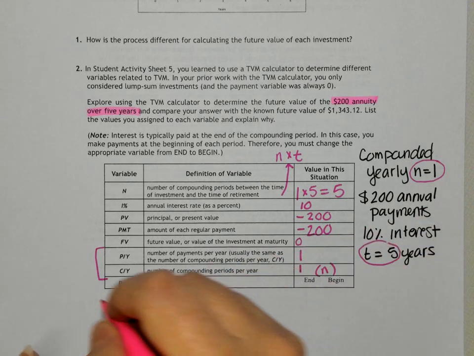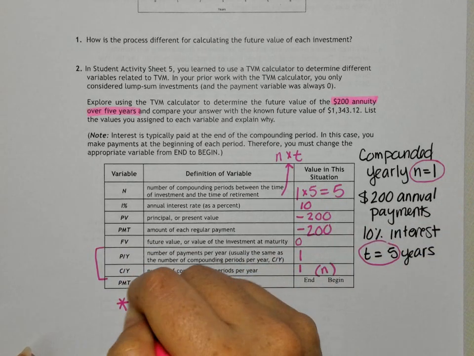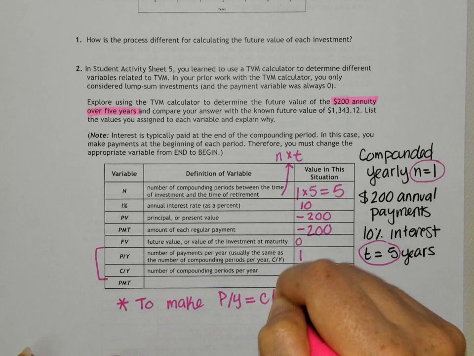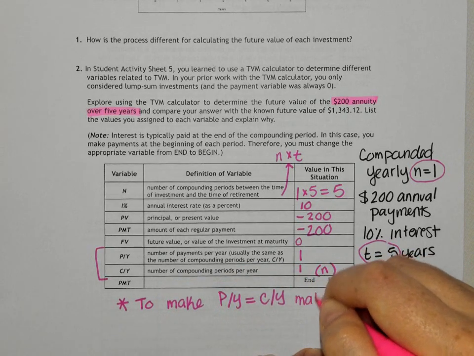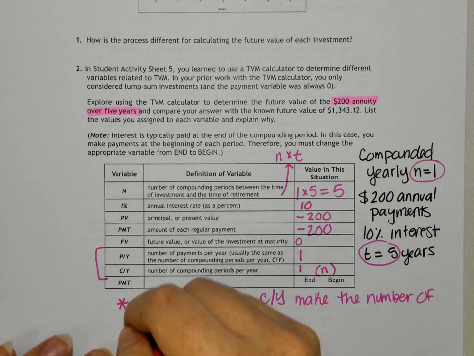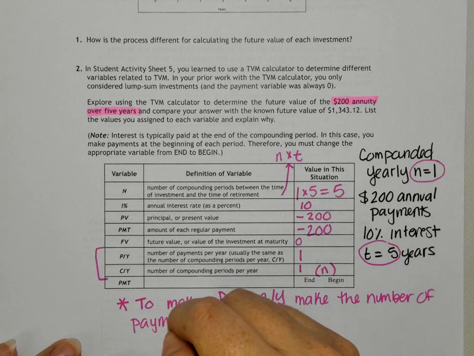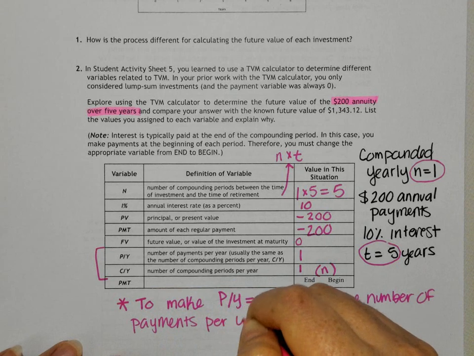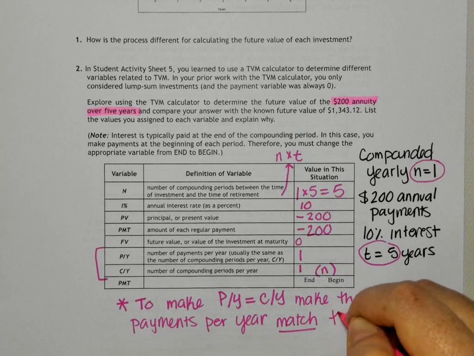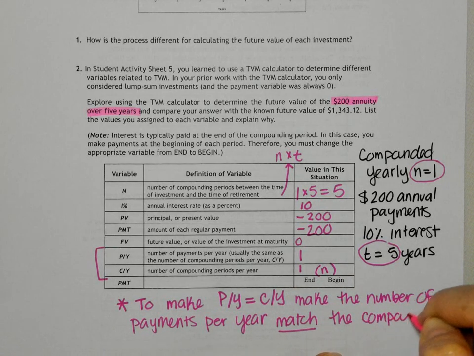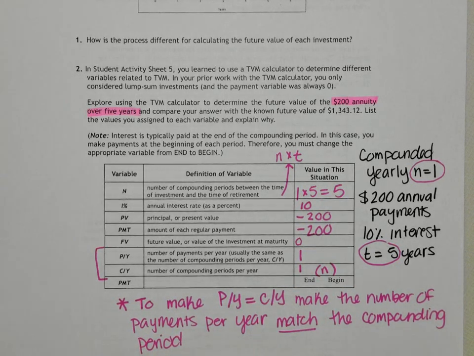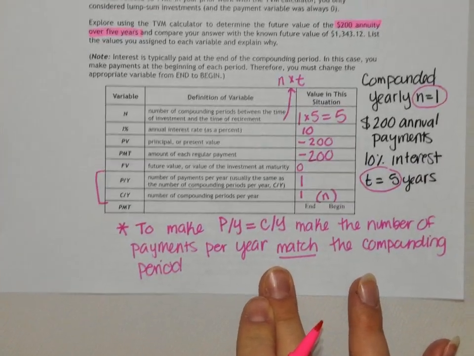Also, because we want these things to be the same, I want you to write this: to make PY equal CY, make the number of payments per year match the compounding period.